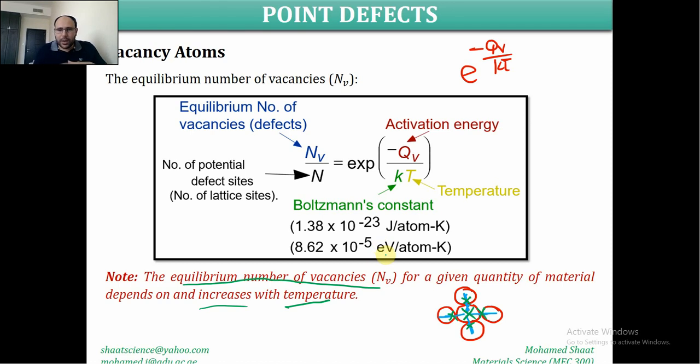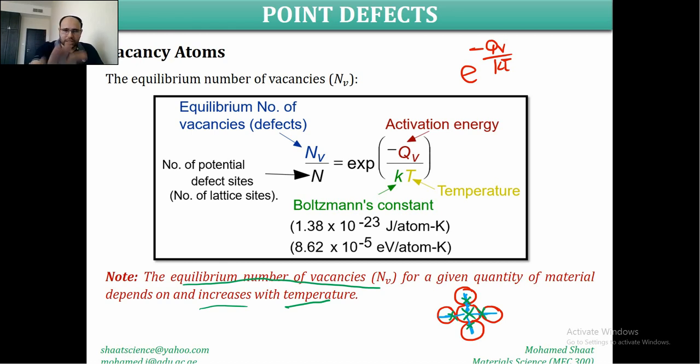So anyway, in case the activation energy was given in eV, you should substitute K equals 8.62 times 10 to the power negative 5. These two numbers you have to memorize, and you're going to use them depending on the given activation energy.